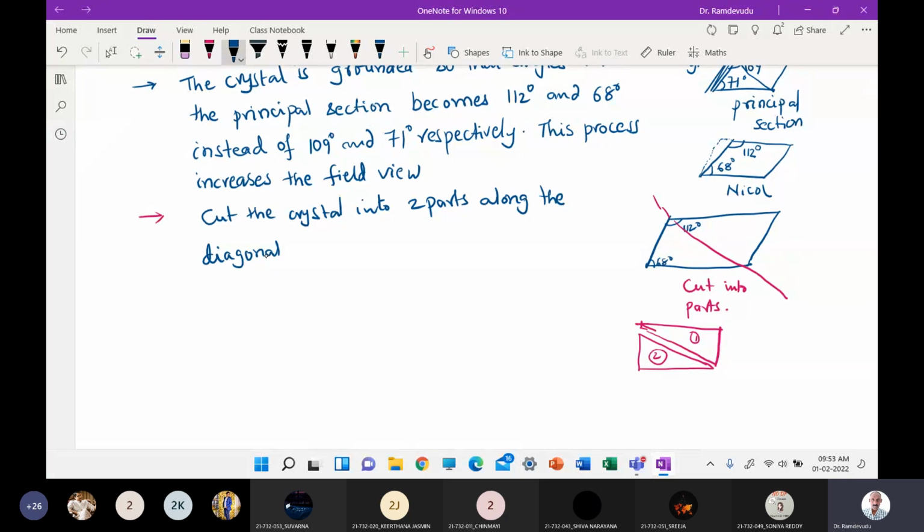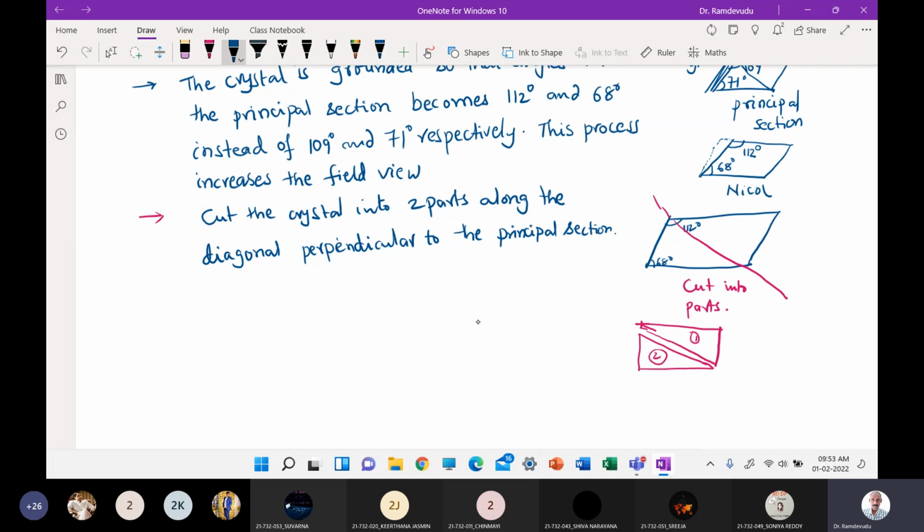While doing it, you also have to cut perpendicular to the principal section. So we know the principal section we have taken. I have cut the principal section into two parts.